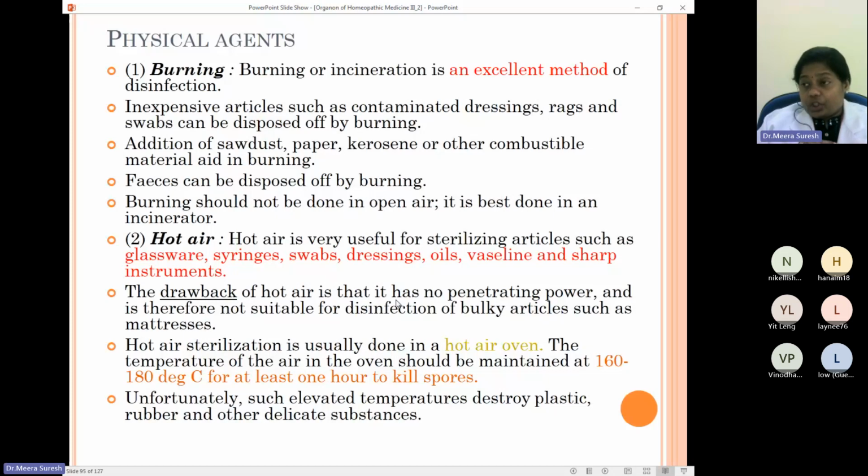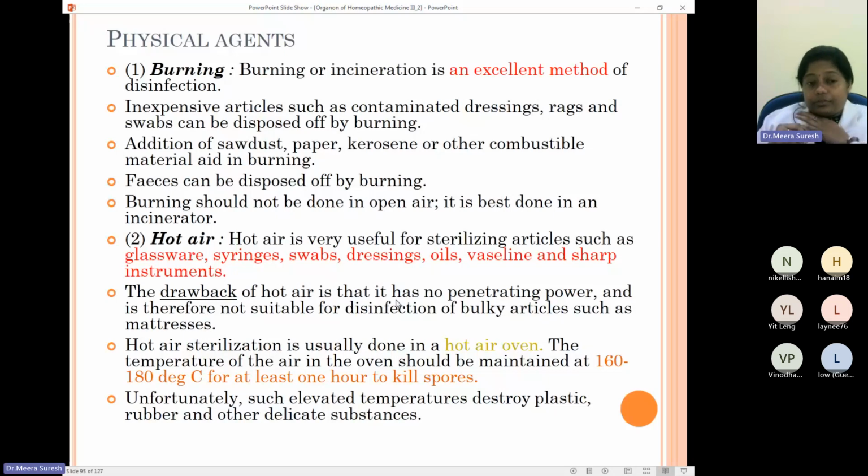However, burning should not be done in open air, because when we burn toxic materials like feces, it releases toxic fumes which remain in the atmosphere and cause other problems. So burning ideally should not be done in open air. It is best done in an incinerator.